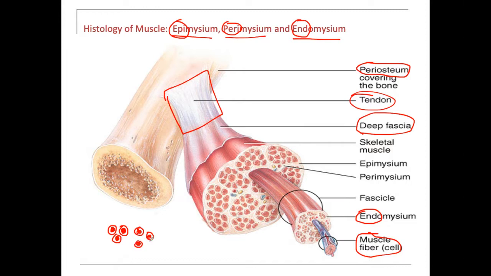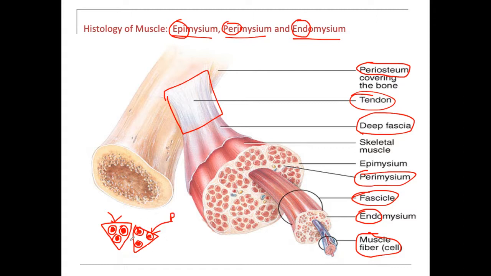Now, a fascicle is when we group this together. That's a fascicle, and that's a fascicle. But the layer that makes up this fascicle here and here, that's a perimysium. That's this one here, a perimysium. So I'll put a P for perimysium.